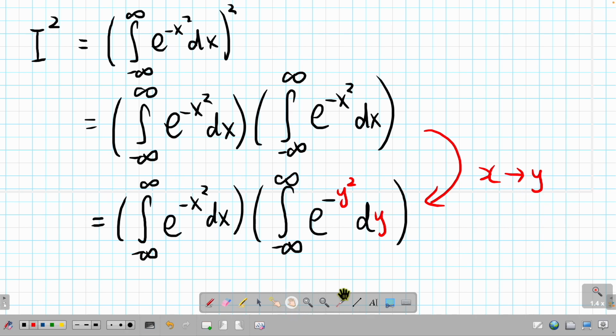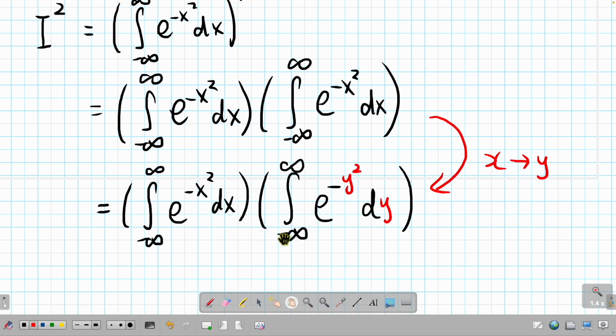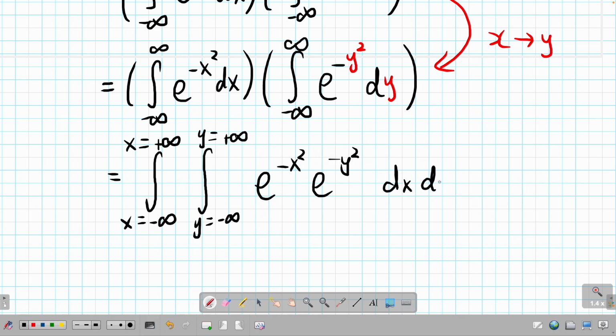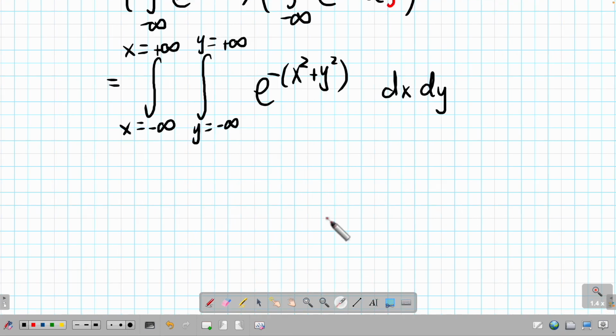Then I'm going to combine these two integrals. So I combine these two integrals, I have this. And then these two terms, I can further combine them. So now I have a double integral.